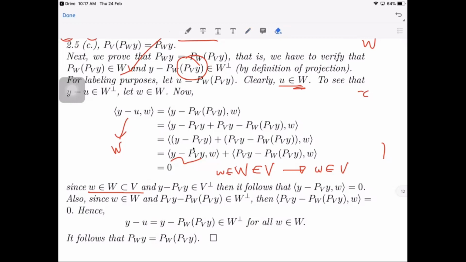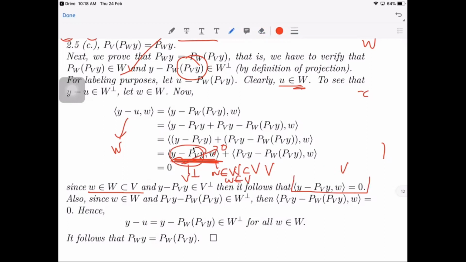So, kining primero na inner product, kini siya nasa W, pero tungod kay subset sa V, naapon ni siya sa V, kini, klaro man ni siya na naa sa V perp. So, naa siya sa V perp, naa siya sa V, so zero ni siya. Okay? So, it follows that this is zero.